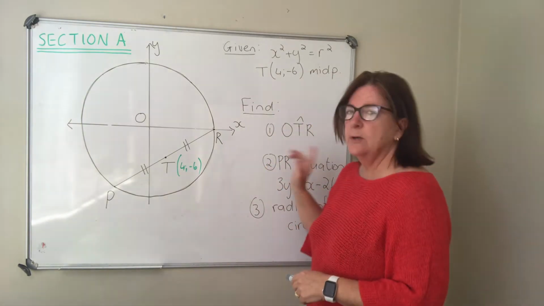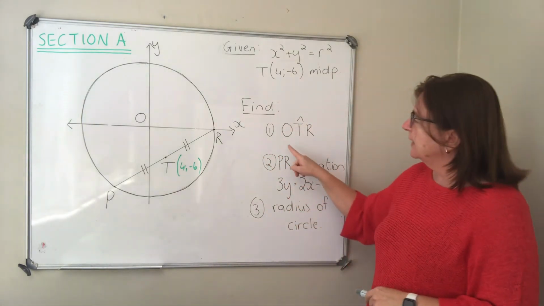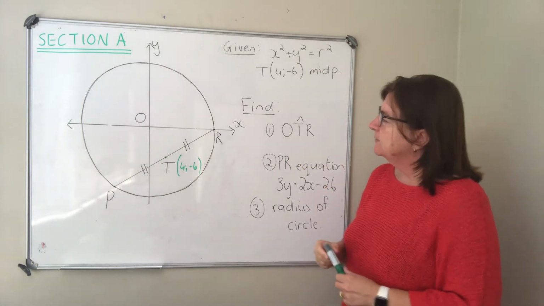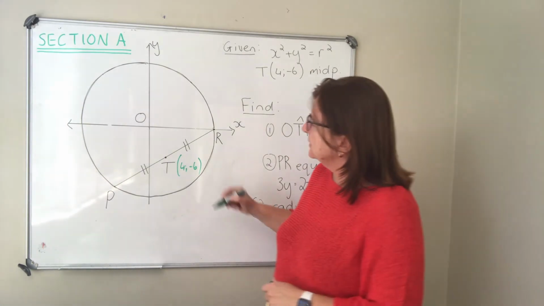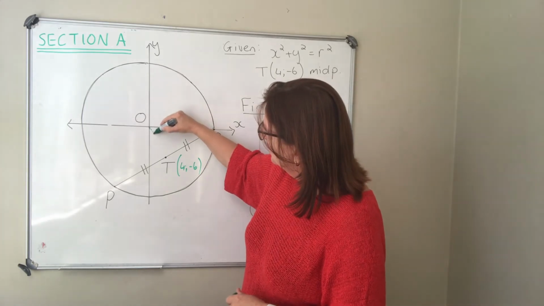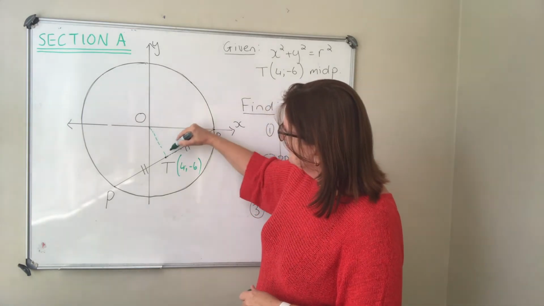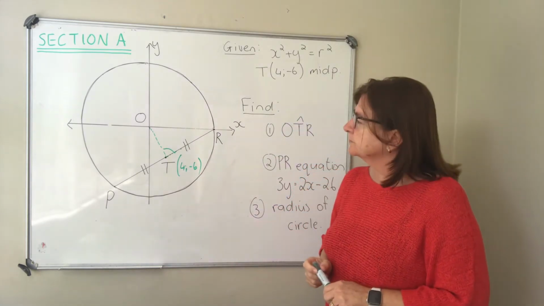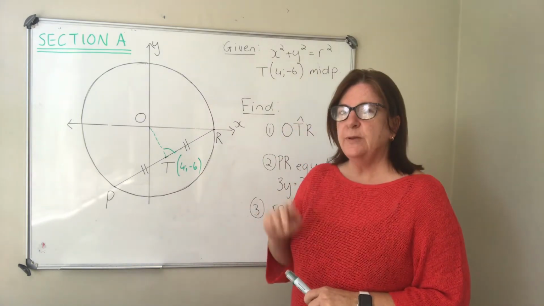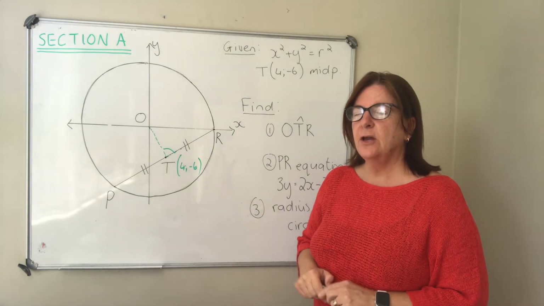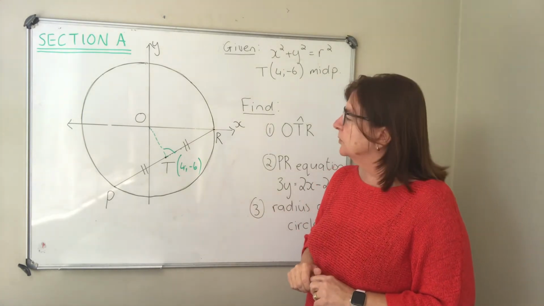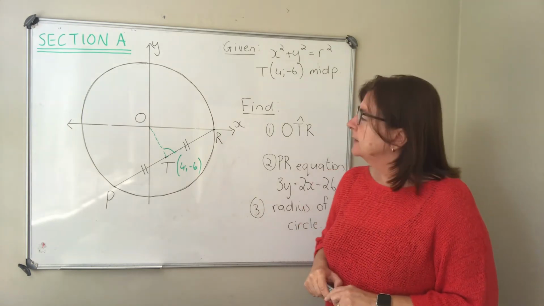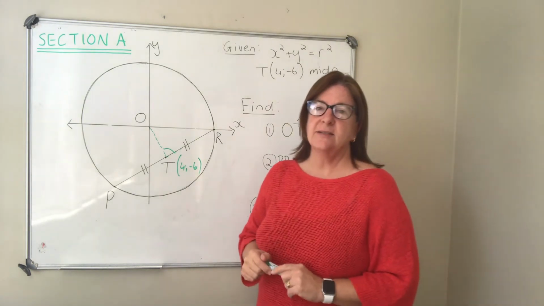And then our 3 questions here. The first one is to find angle OTR. Now let's have a look at that. So OTR is going to be this angle here. And if we look at that angle, something should be reminding us of a completely different section of work. If you think back to circle geometry from last year, that's where this little fact is going to come from.